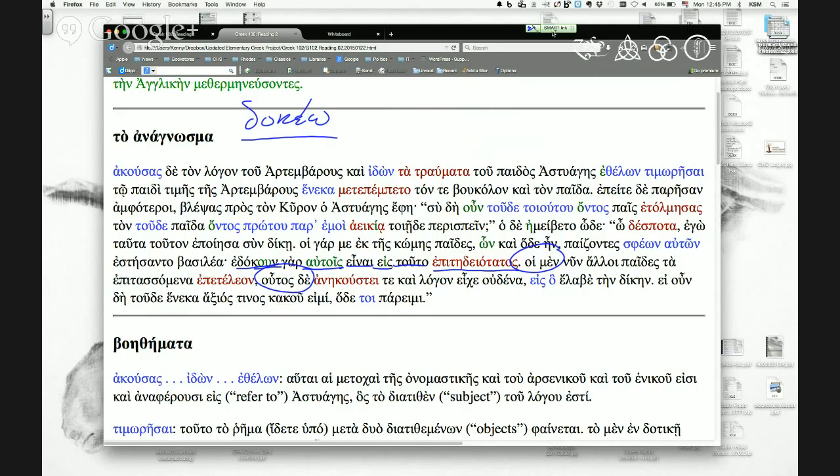On the one hand, now, the other children, ta epitetagmena epeteloun. They were completing the things, the assigned things. Okay? The assigned things.